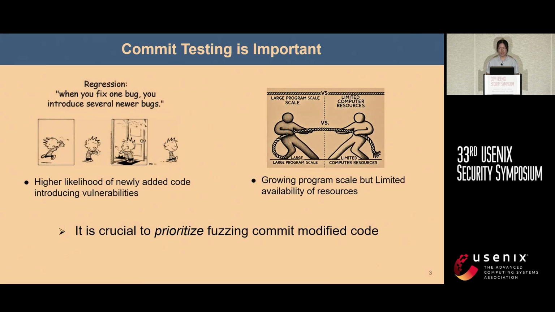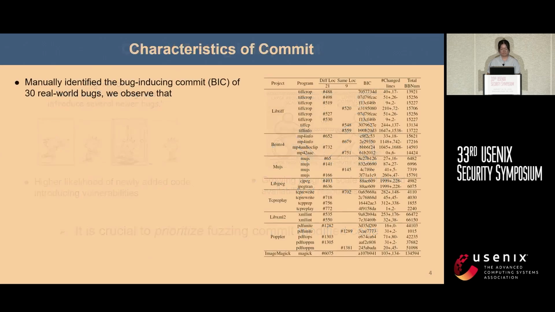So, considering the high likelihood of newly added code introducing vulnerabilities, and the growing trend of program scale but limited availability of resources, it is crucial to prioritize fuzzing commit-modified code.